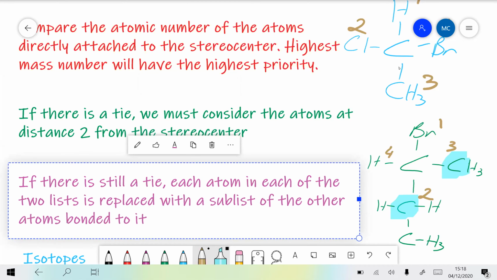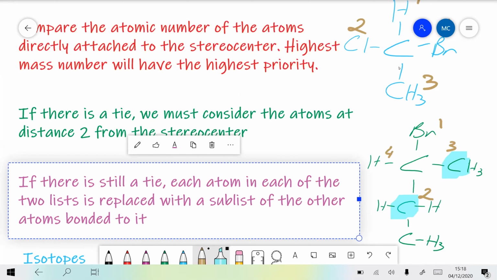So if there is a tie, you try to find which is the highest priority by going 2 carbons down. So we would be comparing the blues. And one has 3 hydrogens, the other one has 2 hydrogens and the carbon. Therefore, the carbon would be the highest priority group.